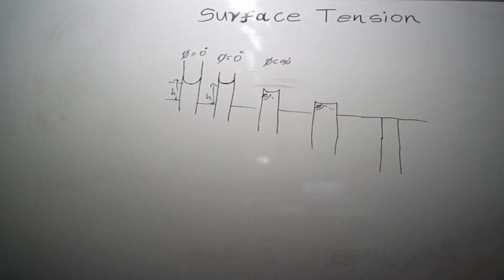A liquid with phi equals 0 is inside the capillary tube and its capillary rise is 10 centimeters. Full stop.